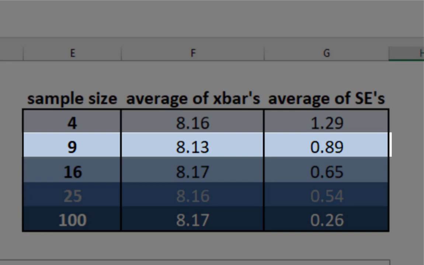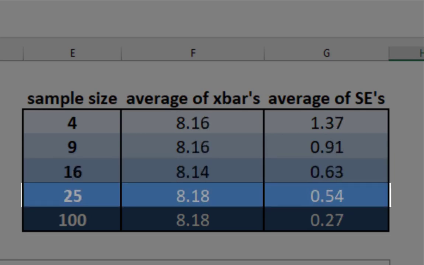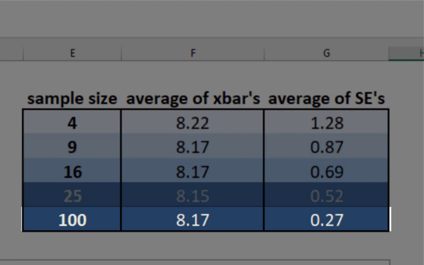When the sample size is 16, it's around 0.65, somewhere in that neighborhood. When the sample size is 25, it's 0.51, 0.52. And when it's 100, it's about 0.27 maybe.